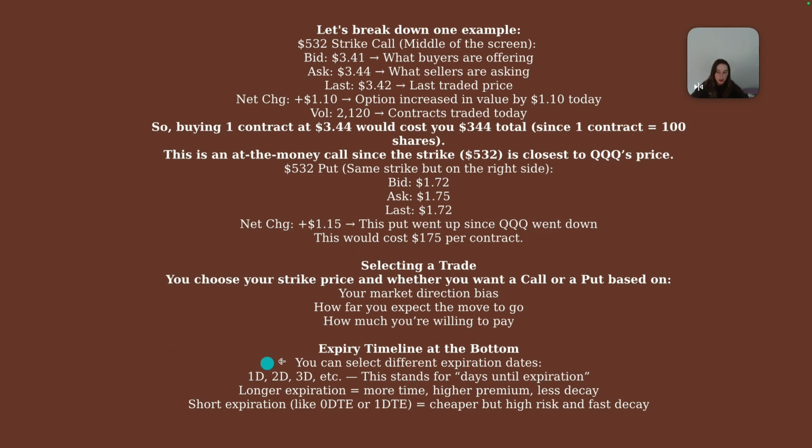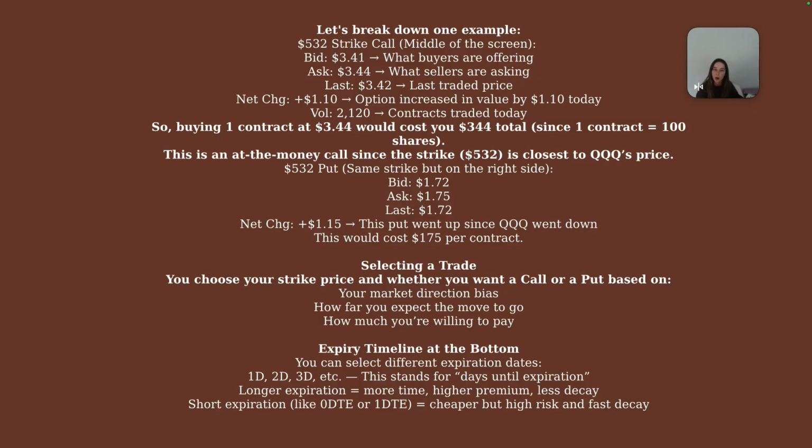So selecting a trade, you choose your strike price and whether you want a call or put based on your market direction bias, how far you expect the move to go, how much you're willing to pay, and what your portfolio size is. Obviously, if you have a $1,000 portfolio, you generally don't want to buy contracts that are going to cost you $3 to $4.